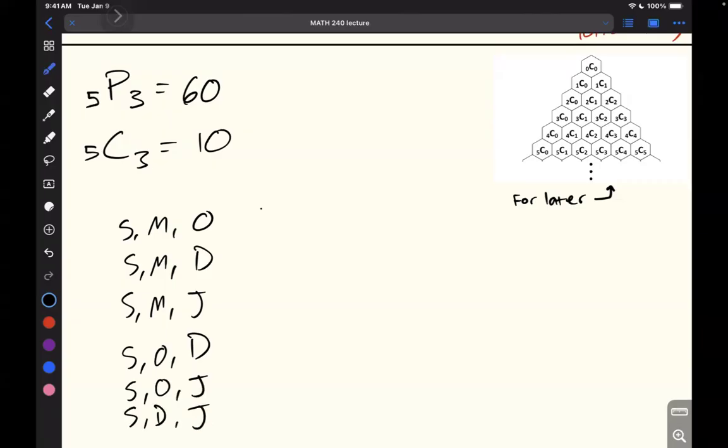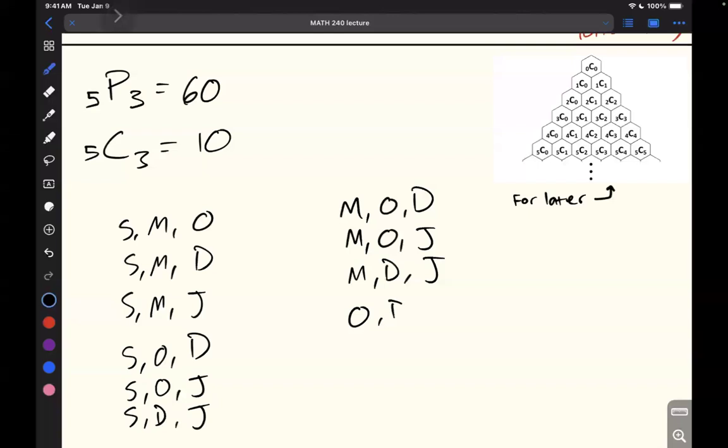Let me know as I go if I have made a mistake. 1, 2, 3, 4, 5, 6, 7, 8, 9, 10. Good. Great. So those are all the possible combinations.